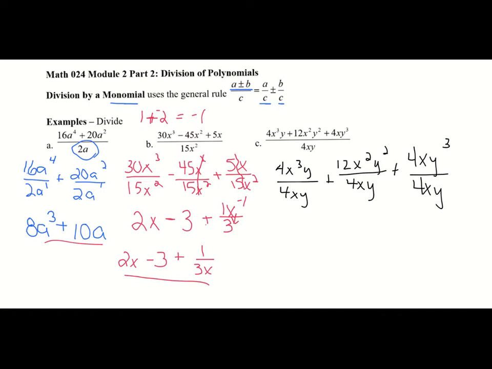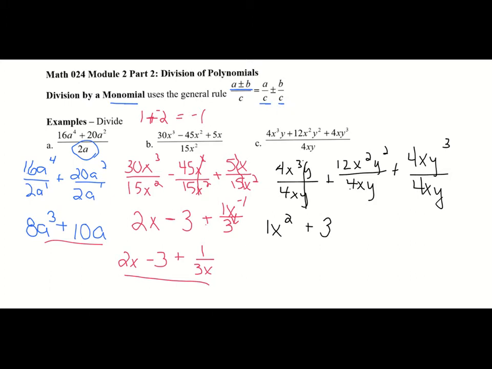So when I go to divide, 4 divided by 4 is 1. So I can put the 1 there. I don't have to. X cubed divided by x, 3 minus 1 is 2, so x squared. And then again, our y's equal 1, so we don't have to put that variable there because they cancel each other out.